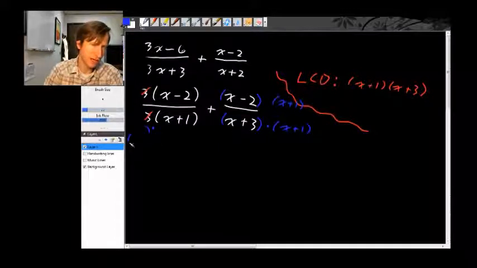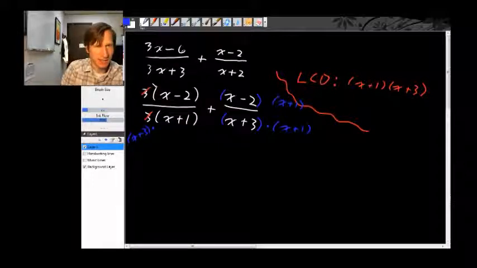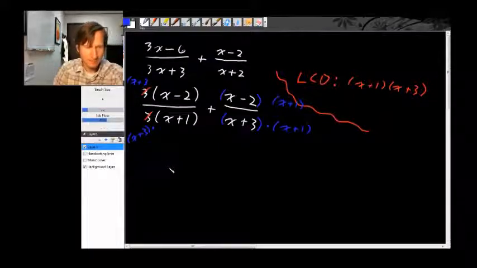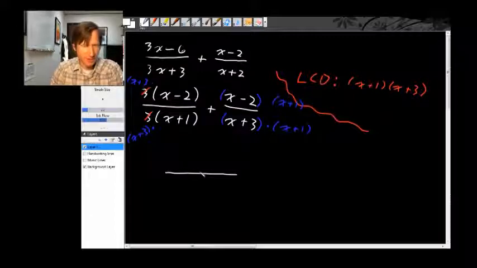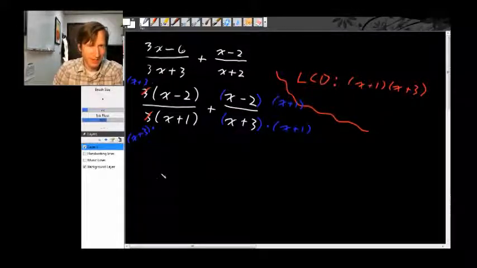So let's multiply by x + 3 in the numerator and denominator. I didn't leave myself a ton of room here. Okay. Now, the denominator for each of these is what we wanted. That is to say, (x + 3)(x + 1).